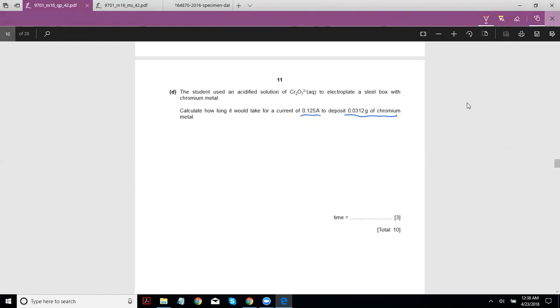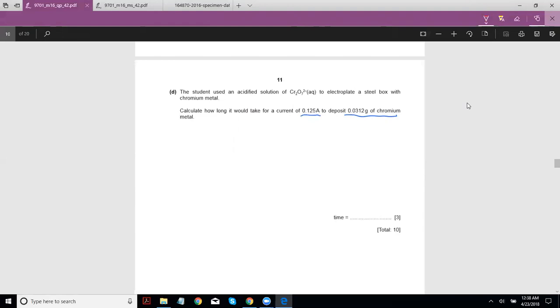How can you tell? From the two equations we have Cr2O7 going to Cr3 plus, right? That's using 6 electrons, and then Cr3 plus going to Cr metal, that's using 3 electrons more. Oh wait, right. So it's 2 of them, so it's 12 electrons for 2 moles. So you need 6 electrons per Cr, right?